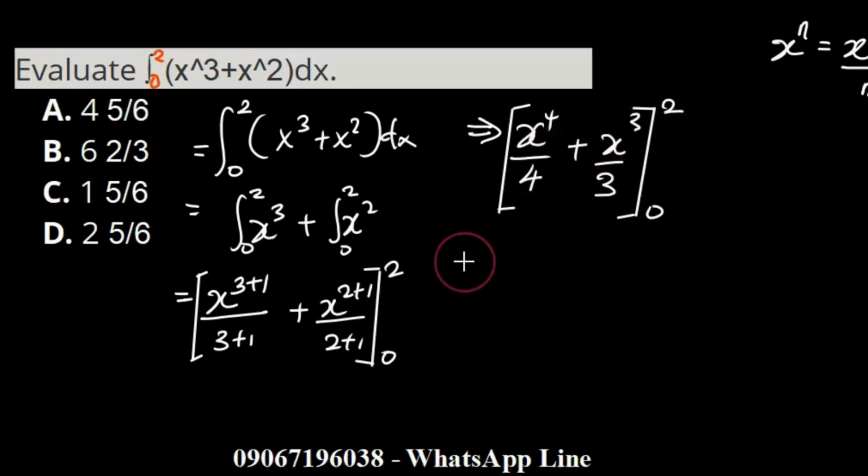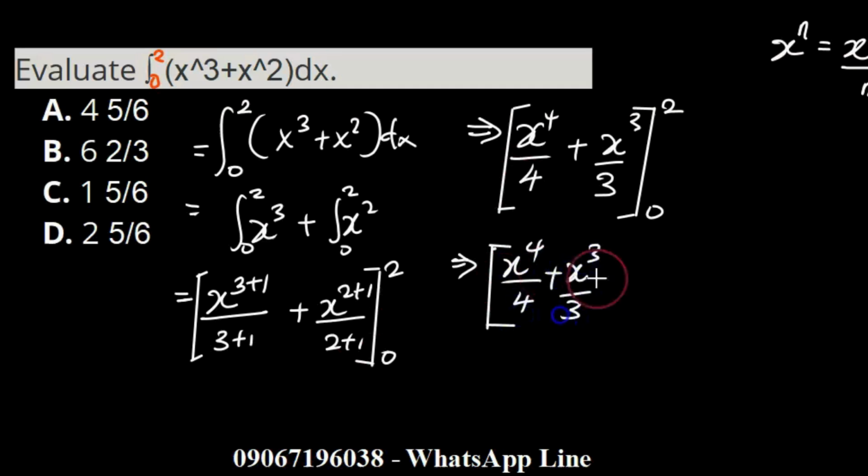Now this is going to become, within the upper boundary, so we're going to solve one for the upper boundary, and then the other for the lower boundary. So it's between two regions. The first region will have x^4 over 4 plus x^3 over 3.